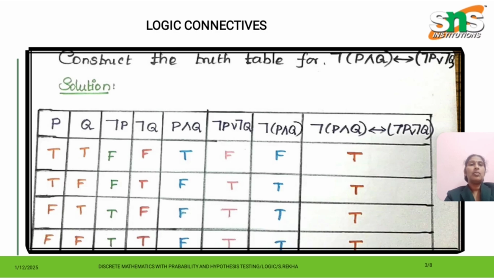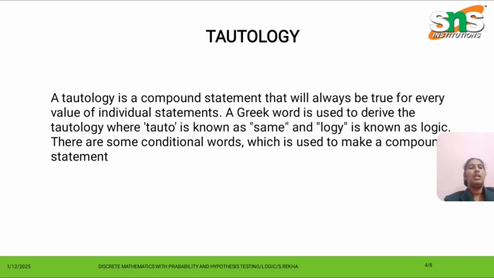Taking the negation of P and Q, you will get false, true, true, true. Then the biconditional: if both statements are false it is true, if both are true it is true. Now you notice that all the values are true, and we can say it is a tautology.